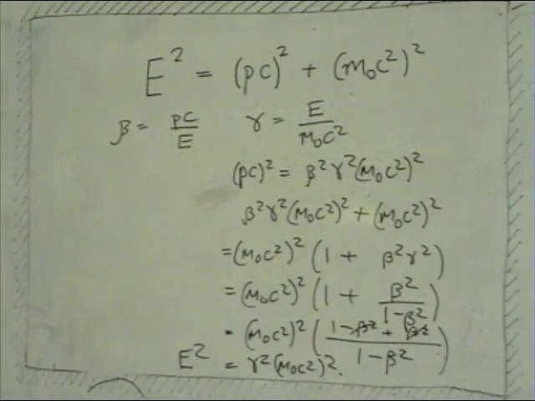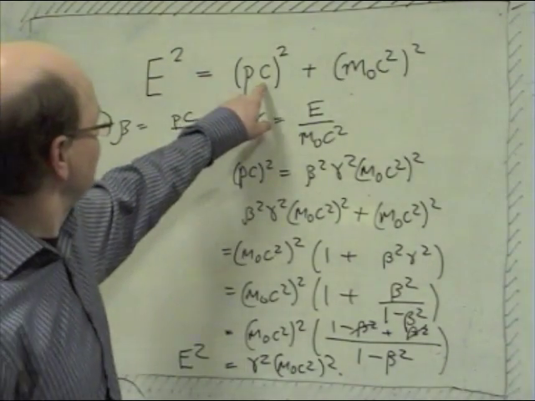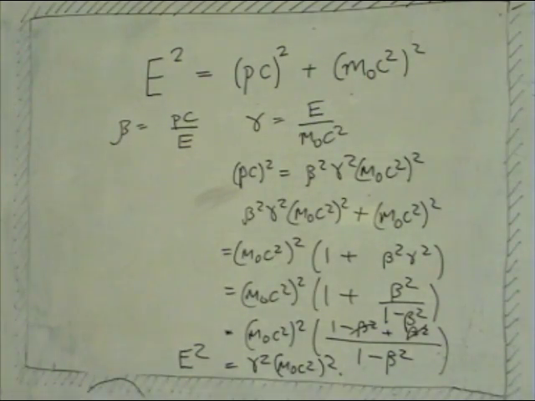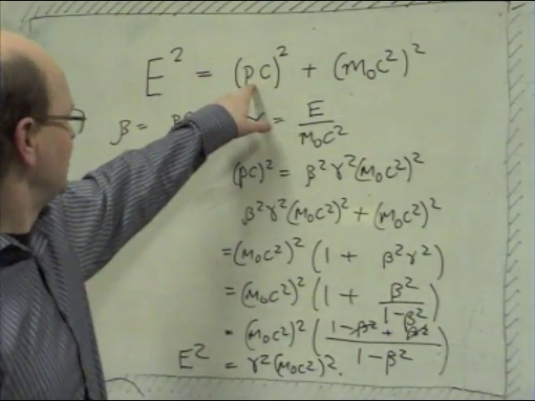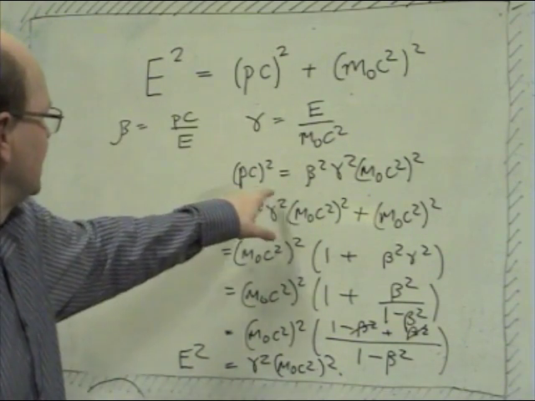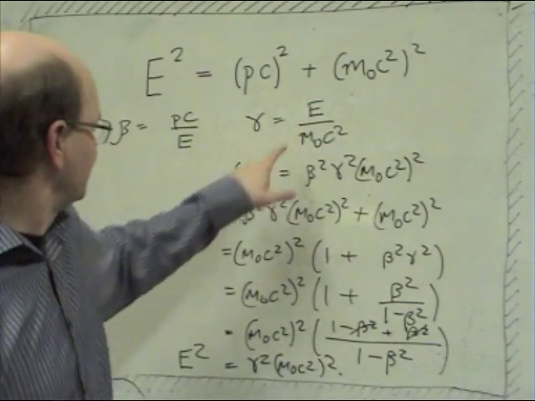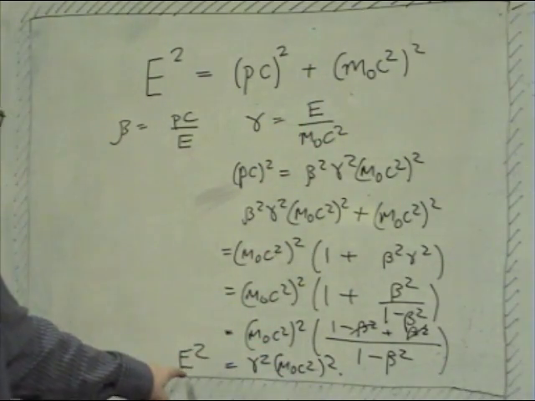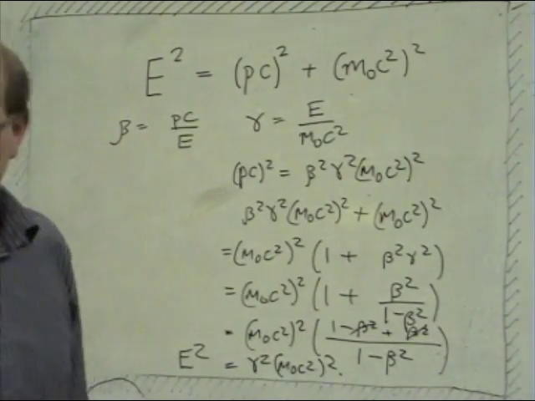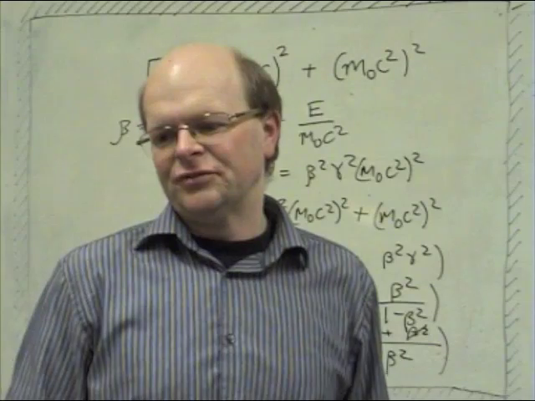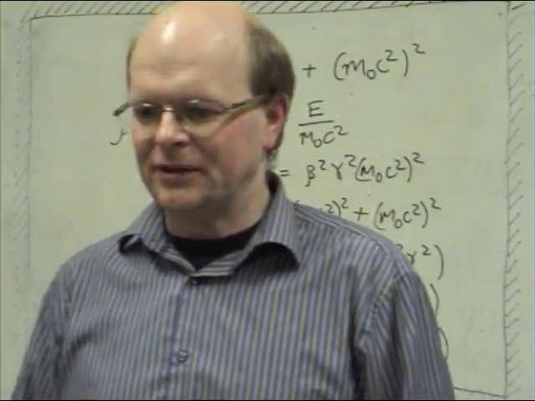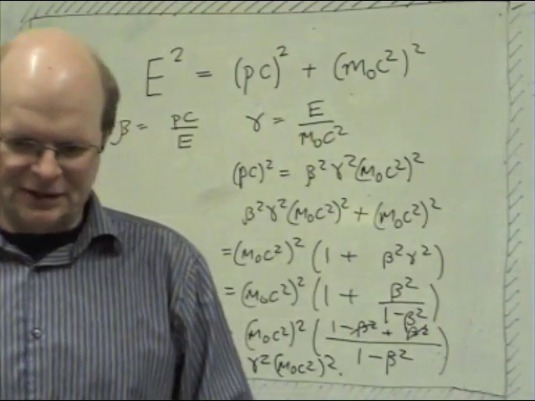So I've just shown you that p squared c squared plus m c squared all squared, if you substitute in the expression for p in terms of beta and gamma and m and c, equals the total energy squared. So the energy momentum mass relation is consistent with the expressions for E and P in terms of beta, gamma and the rest mass m naught. And that's very useful.